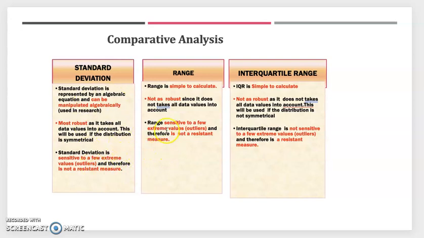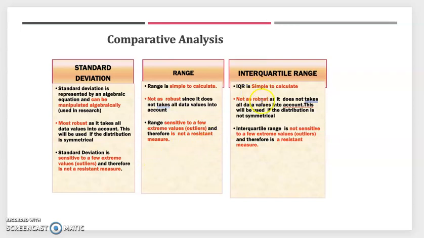The range is very simple to calculate. After you get your range, you kind of know how your data is distributed. The range is sensitive to a few extreme values, and therefore is not a resistant measure as well.